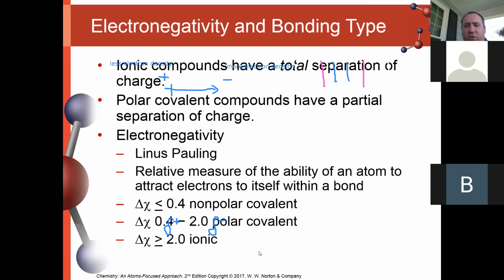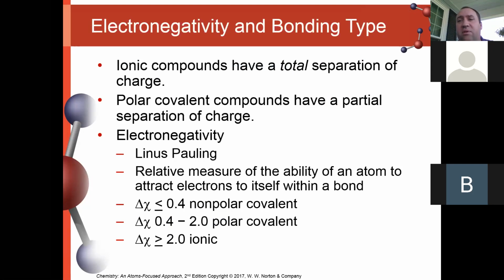Now, as I mentioned before, the concept here deals with something called electronegativity. And in particular, when we look at bonding and the polarity or non-polarity of a chemical bond, what we start to look at is the difference in electronegativity between the two elements in the structure. As we saw in the previous slide, ionic compounds are featured with a total separation of charge.